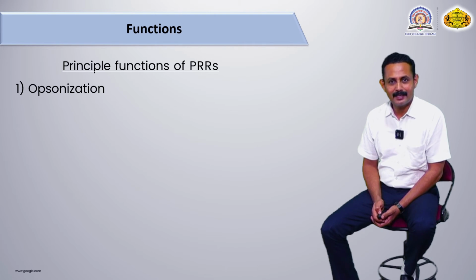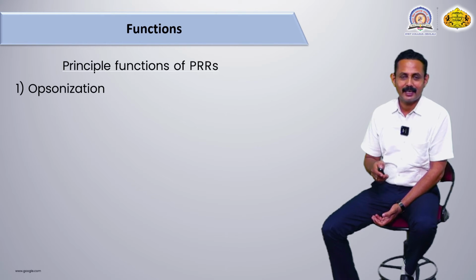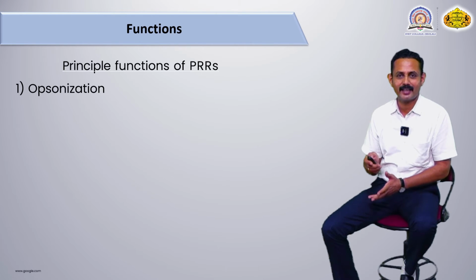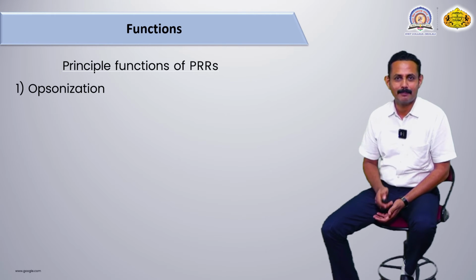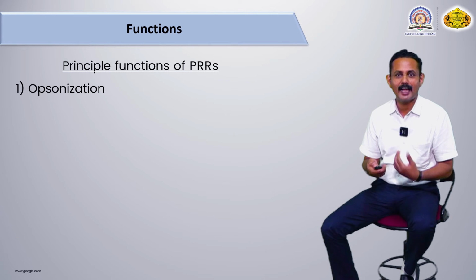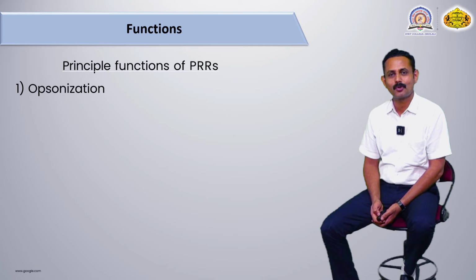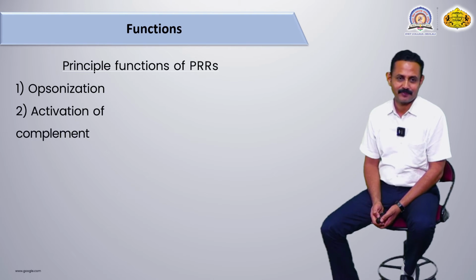So when an antigen enters, its chemical nature, which is soluble in nature, is recognized by the receptor on the phagocytic cell, and the phagocytic cell stops there and gets activated for the further steps of phagocytosis. That process is called opsonization.